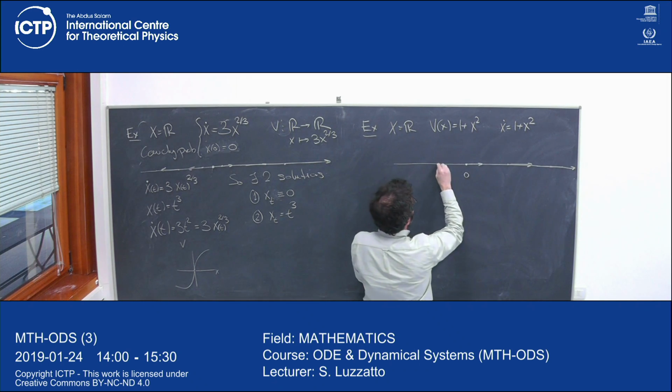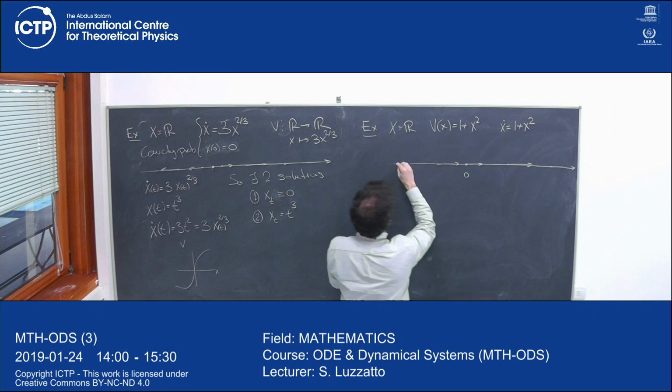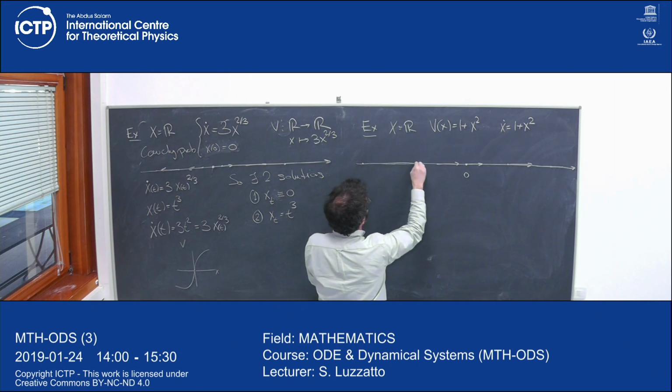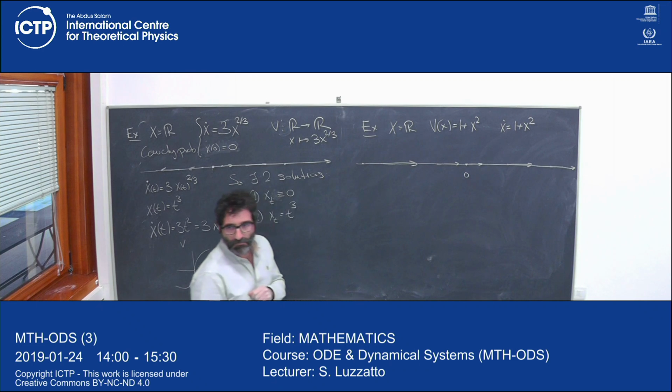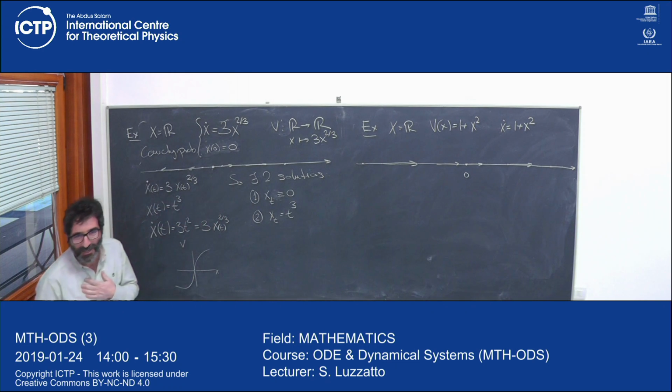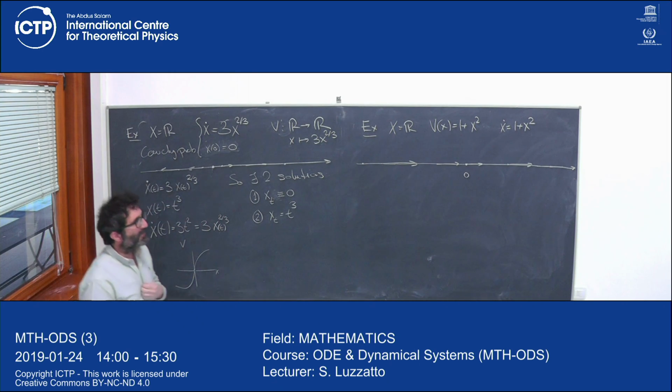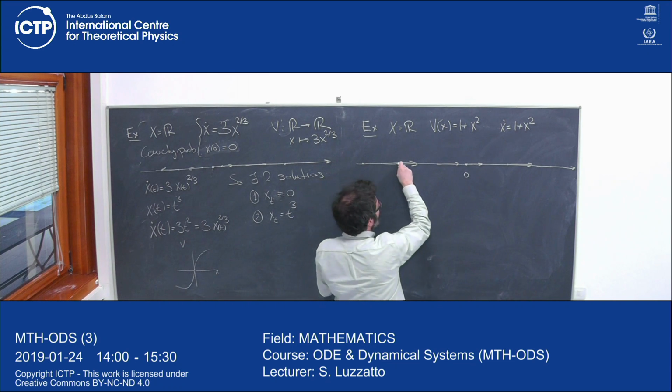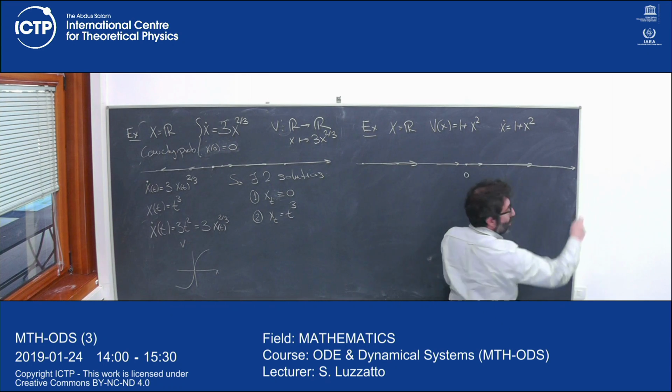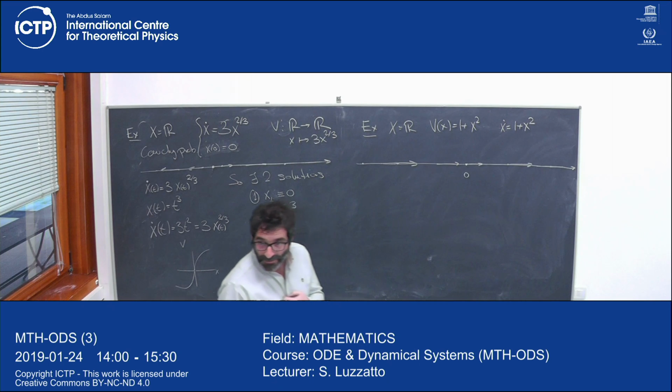And here, it's also going in the same direction, and also very big. So this looks very simple: you take some initial condition here, and it just moves along and goes to infinity. In fact, that's what it does.